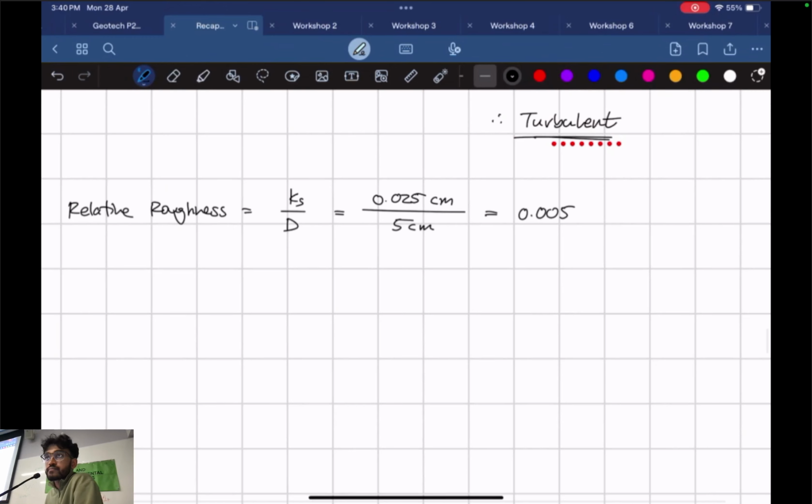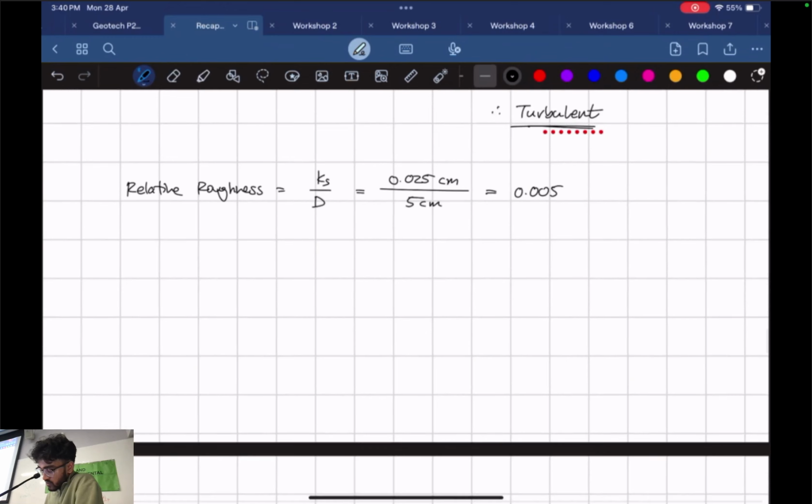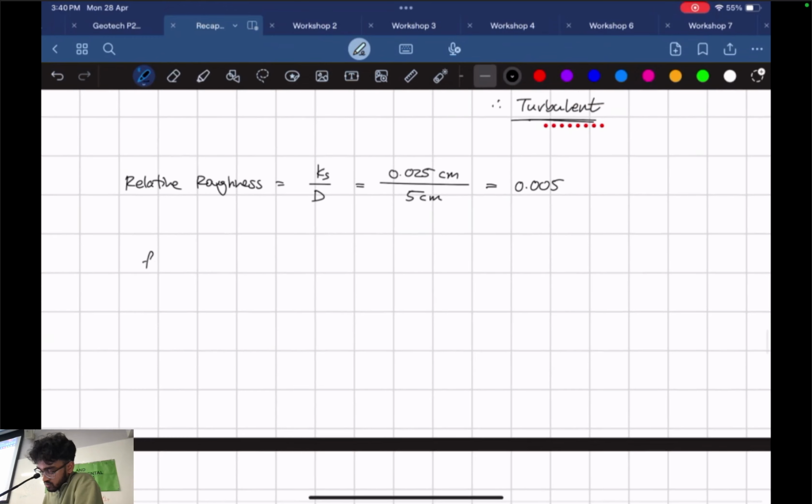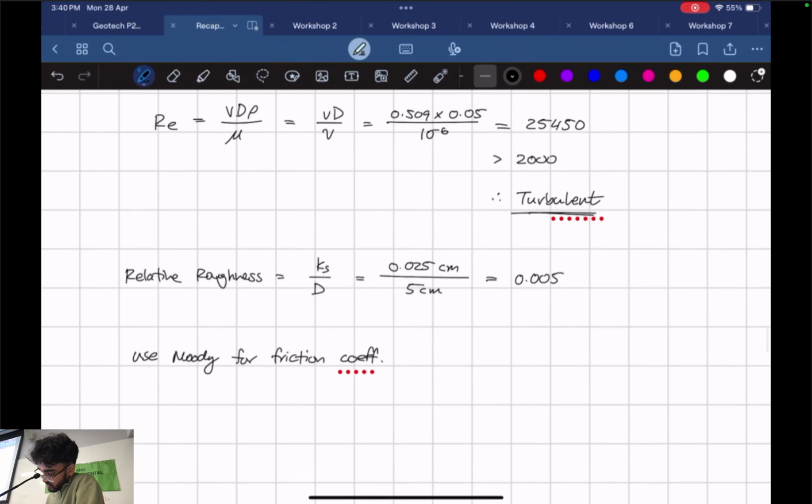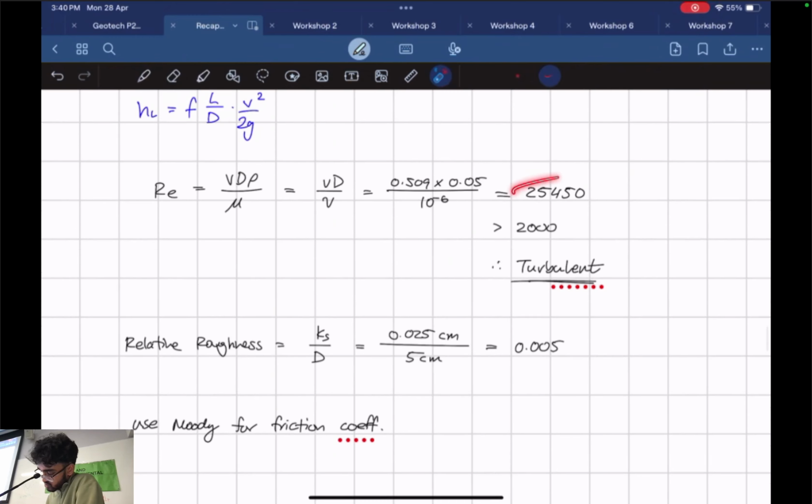Okay? So now to find the friction coefficient, we use Moody.